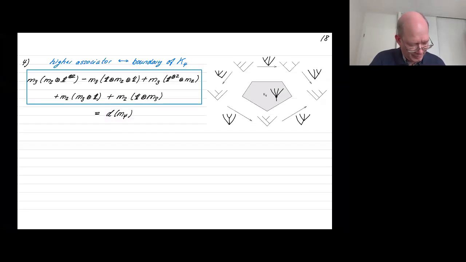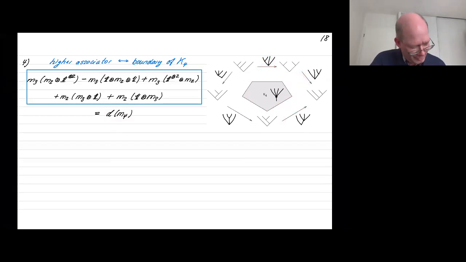The 4th star-shift associahedron was this pentagon. Now that we have introduced these more general trees, we can label the boundary of the pentagon with these trees, which have M2 and M3.